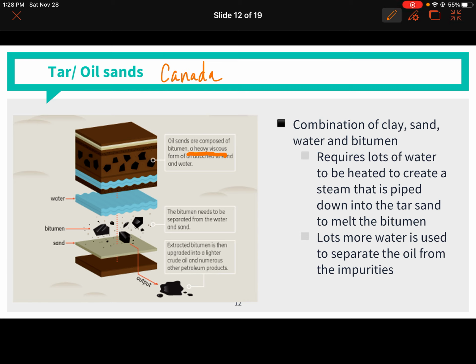The issue here is you have to use lots of water to heat it up so that it becomes a liquid and they can melt it and get it out. And then you need all this water to separate the oil from the impurities, which are the sand and clay. So we've more recently discovered ways to access the bitumen in the tar sands or oil sands in Canada. So Canada's become a big supplier of fuel, but it's not an easy process and requires a lot of water.